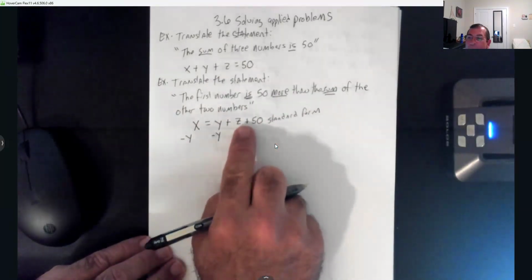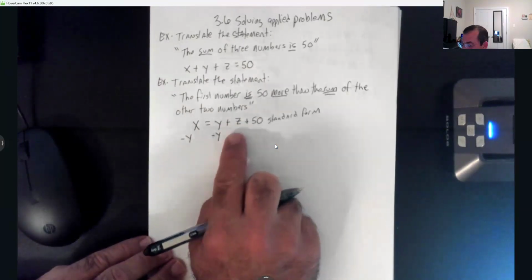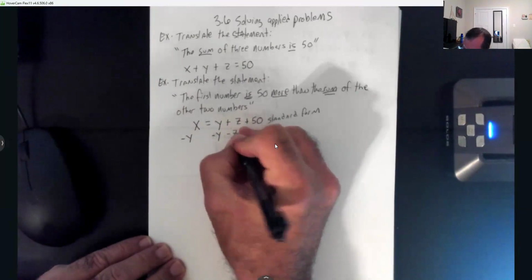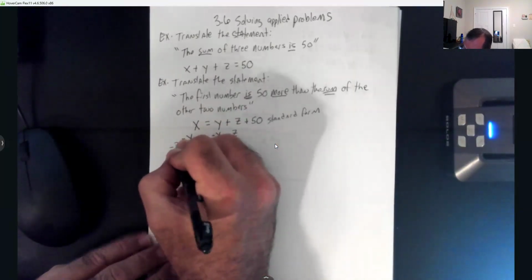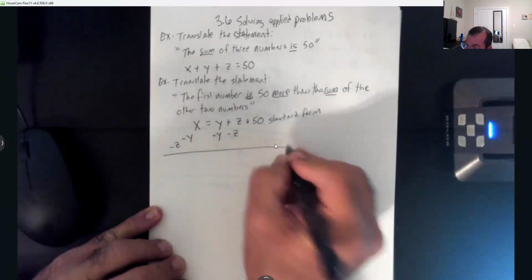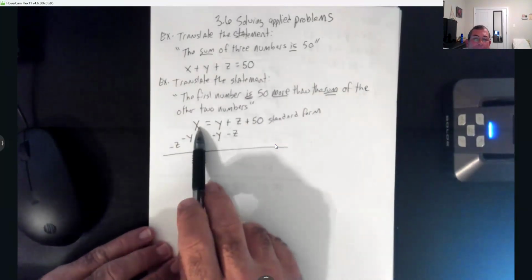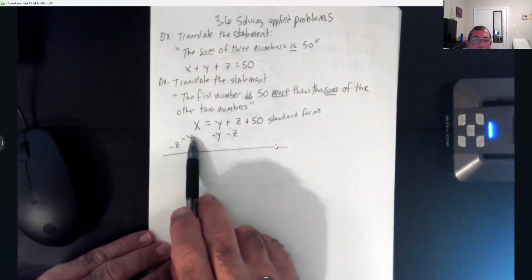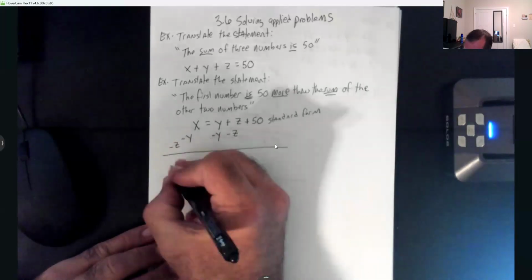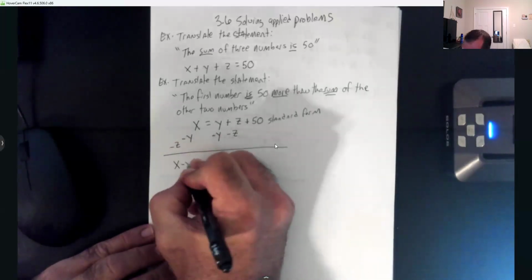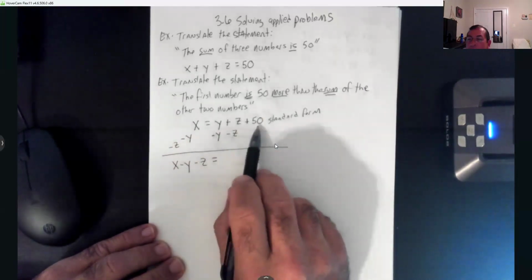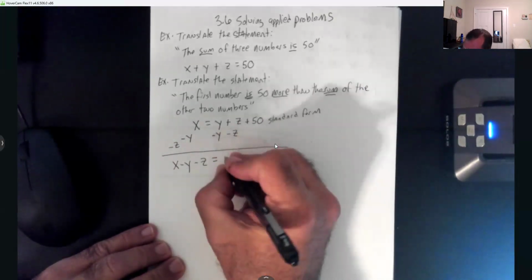Y'all, I need to move this z to the other side. It's positive over here, so to move the z, we're going to subtract the z from both sides. So basically, if I put these in order, I'm going to get x minus y minus z, and then that all equals my 50.